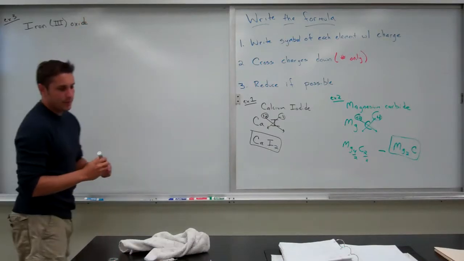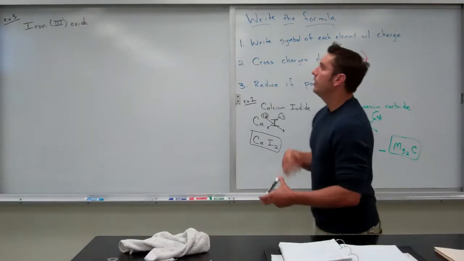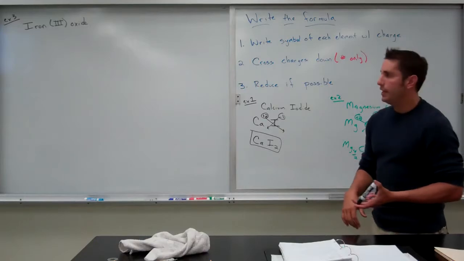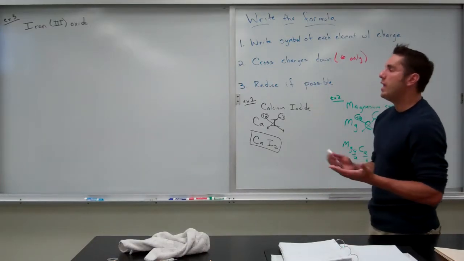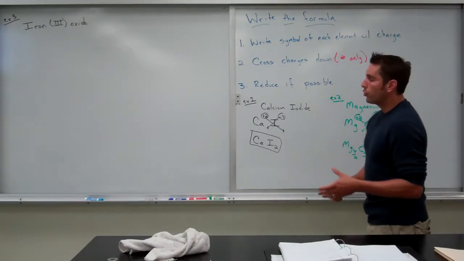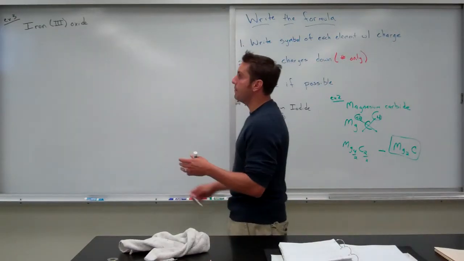Now, when I look at the formula of this, it will say iron, III, oxide. Right? And the reason is going to become, well, why do we have a Roman numeral there? Well, go step by step and you're going to see why in a moment.